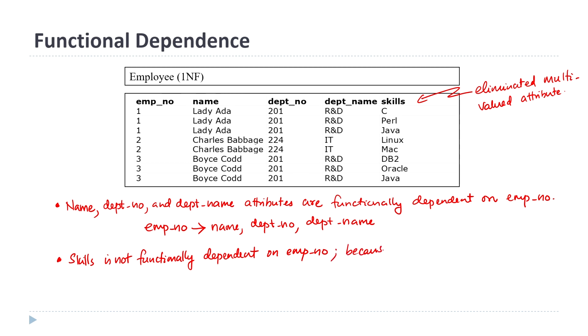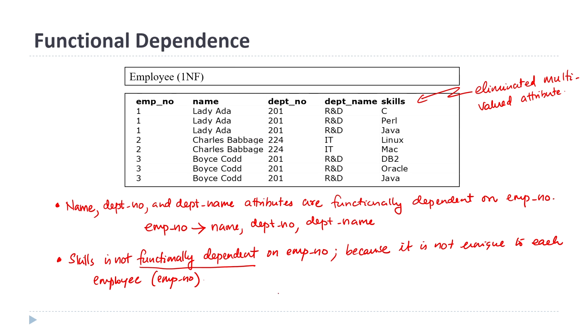Because it is not unique to each employee or employee number. Knowing Java is not unique to Boy Scout, other people can also know Java. So, you cannot say that the employee number 3 uniquely determines or functionally determines the individual skills of the person.